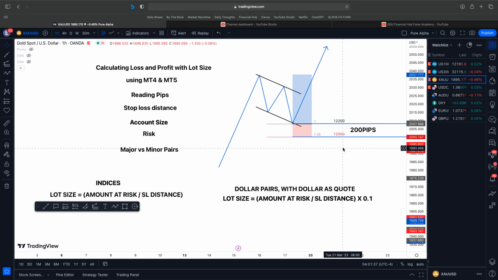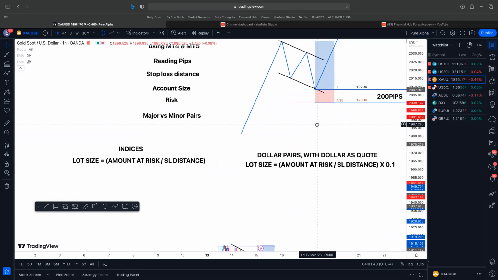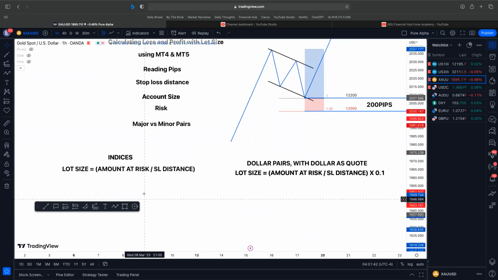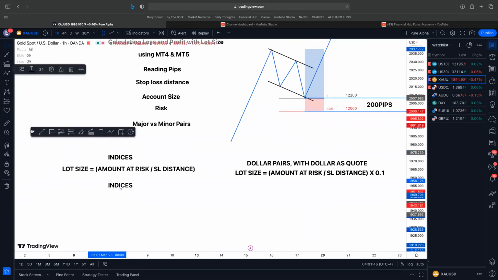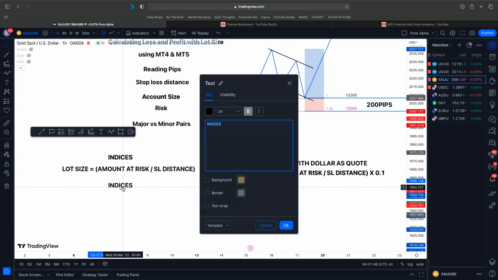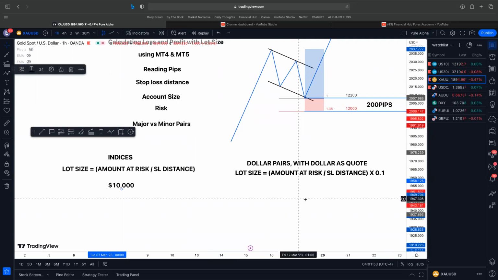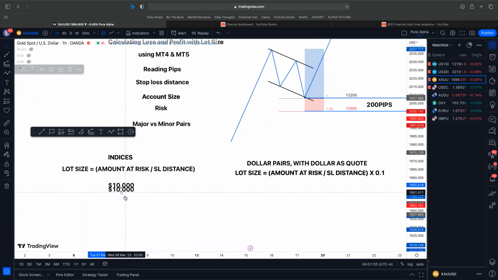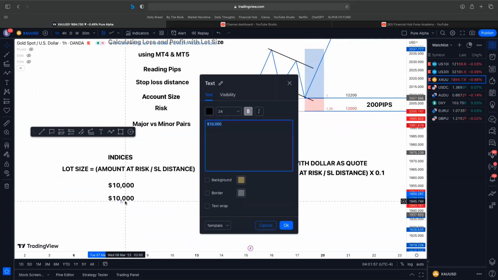Okay, so you're going to do the same calculation of how I told you, but now it's going to be different. So let's come back here. Let's say you're trading the same $10,000 account, and you're looking to risk 1%. We already did that. 1% is equivalent to $100.